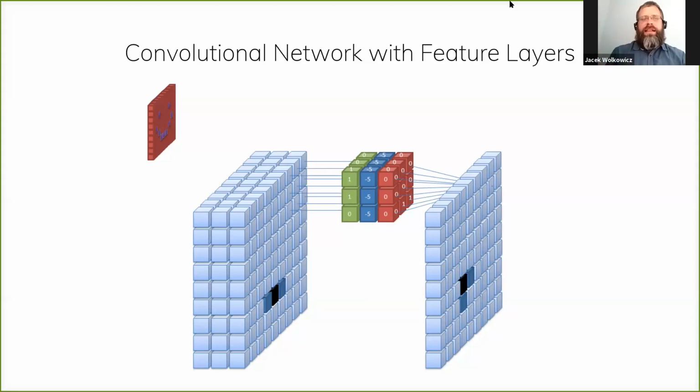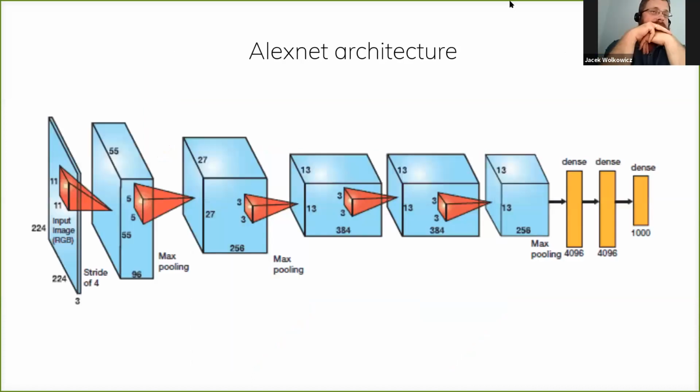Then we stack more of those layers on top of each other to preserve the same amount of information, because in this case we started with, let's say, 10 by 10 by 3. In the second layer we have 10 by 10 by 1, which means that we lost a third of the information, so we can stack more layers to actually retain that information. Yeah. So if you go to the next slide.